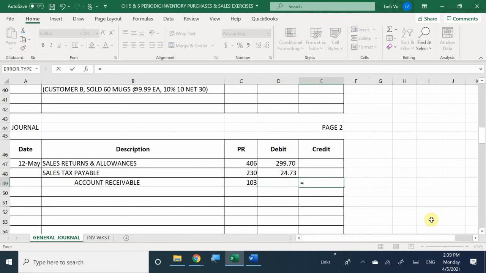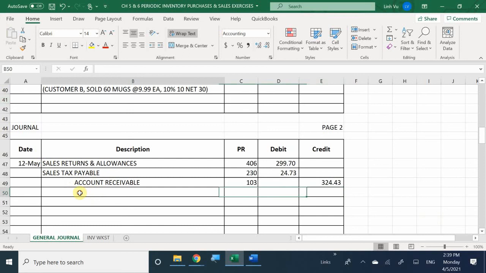So therefore, how much in grand total am I reducing from the amount that they owe us? $324.43. Good.